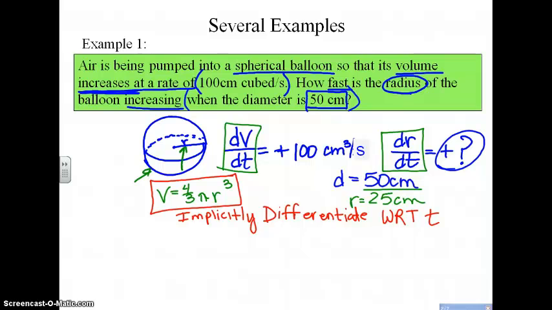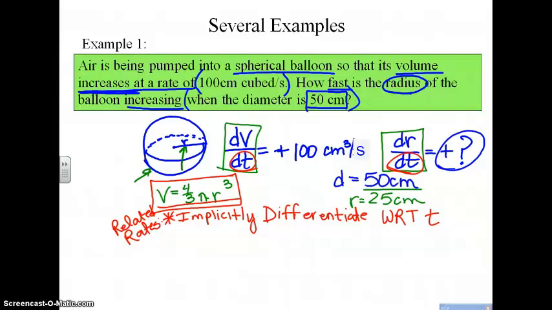Now, we could differentiate this with respect to r, with respect to V, but we're going to differentiate with respect to time. Why? Because the volume and the radius are changing over time. So we're always going to implicitly differentiate related rates, all related rates, with respect to t.